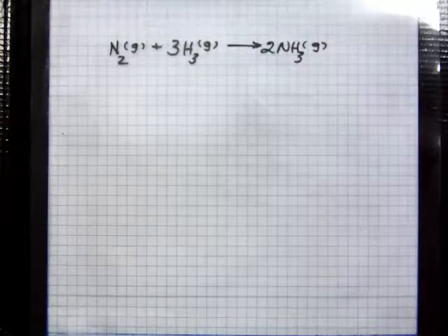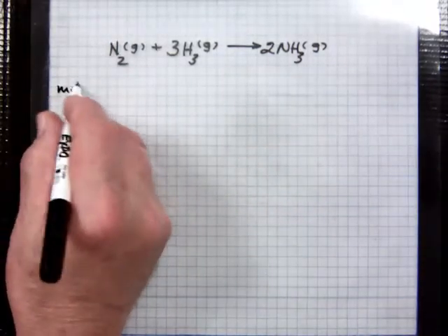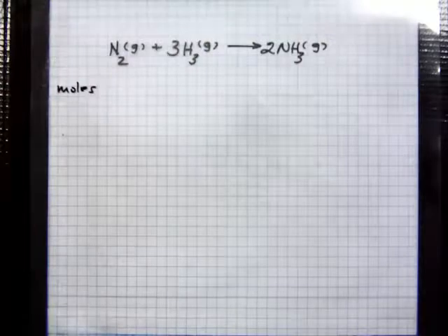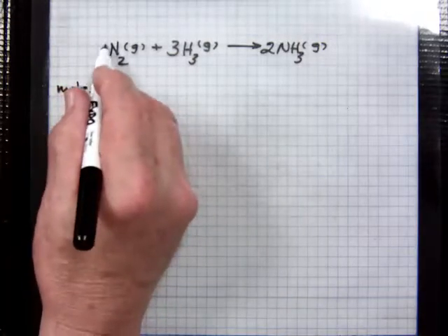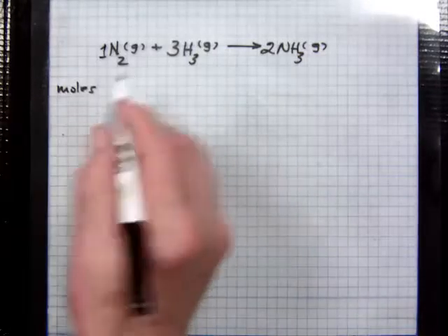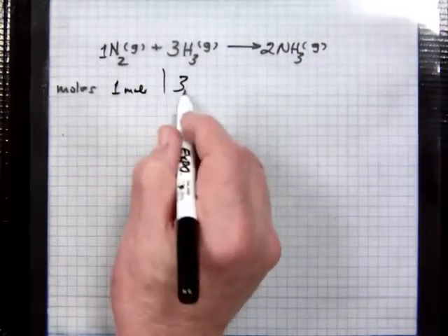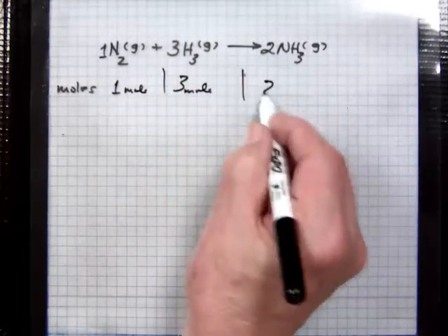One of the ways is called moles. When you look at this equation, moles of the reagent that you're looking at will be the coefficients. And of course, it's understood to be 1 right there. So we say 1 mole, 3 moles, and 2 moles.